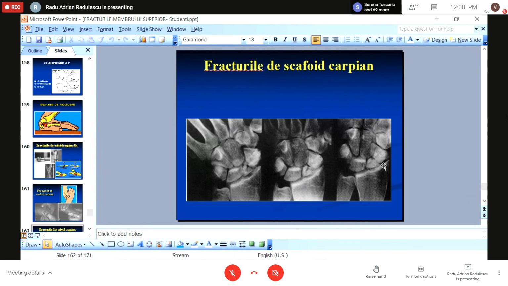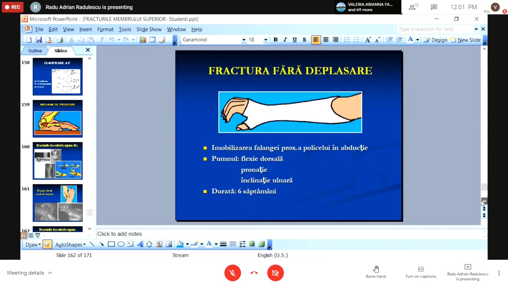Here is the fracture line. This fracture line may be more visible 2 or 3 days after the fracture, because pathological osteoporosis will be installed at the level of the fracture.